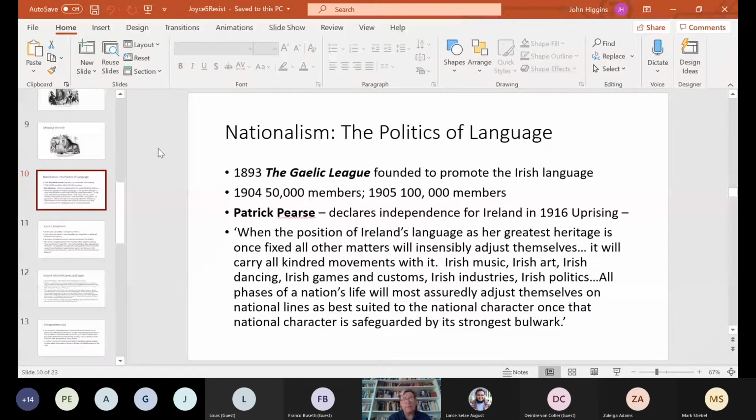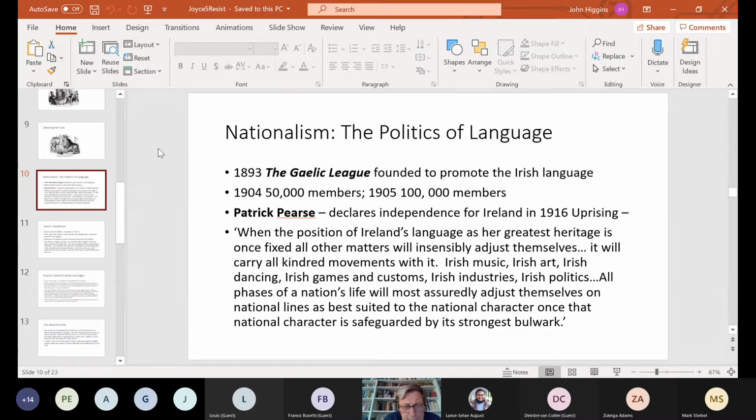Of course, one of the most immediate reactions to that kind of stereotyping as a savage was to insist on the humanness of the Irish and to promote their own racial identity. In 1893, as we've mentioned before, the Gaelic League was founded to promote the Irish language.